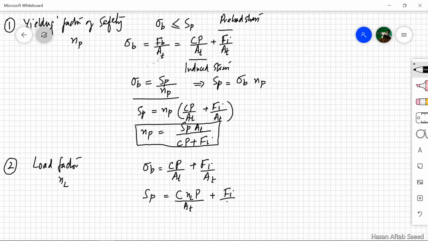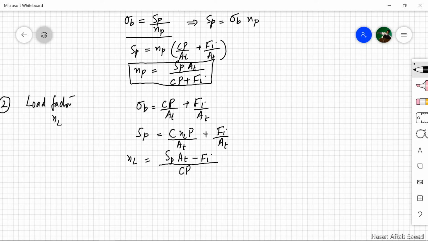FI remains as it is. So this gives us a value of NL equal to (SP AT minus FI) over CP.